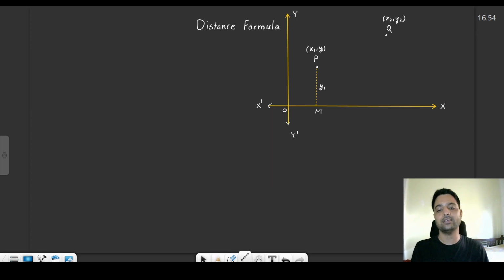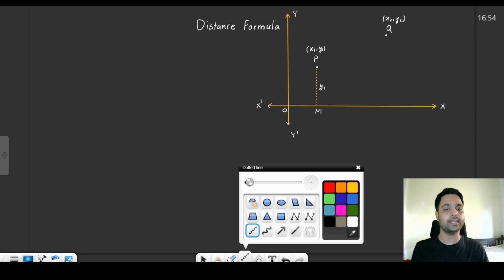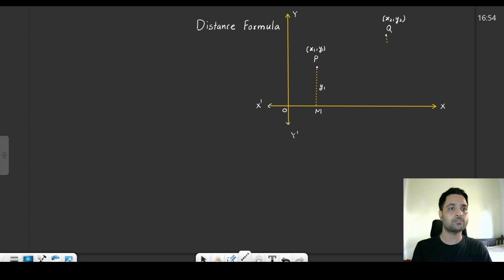In the same way, if I take a perpendicular on the x-axis from point Q, suppose it is QN, then this QN will be equal to y2, simple.